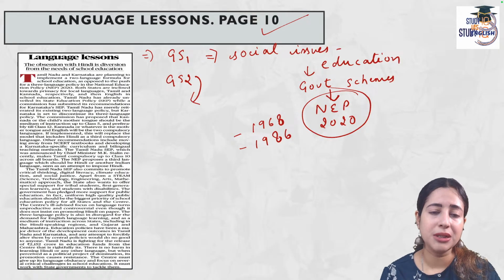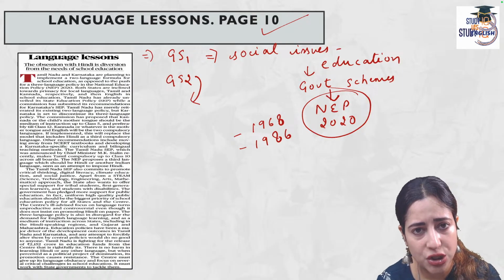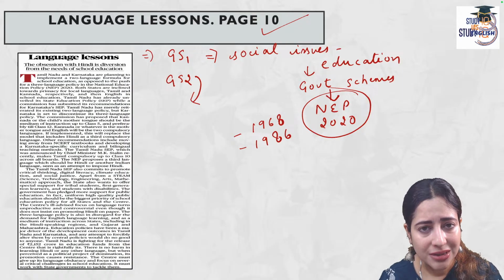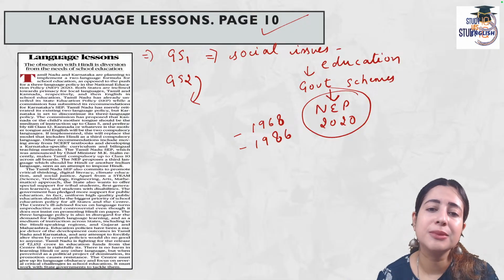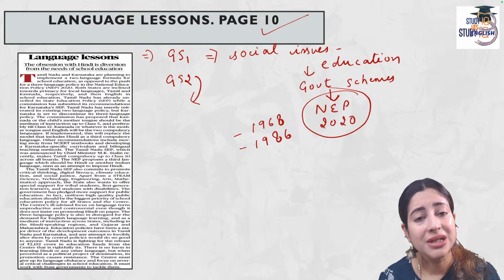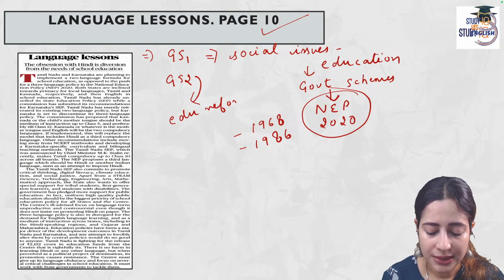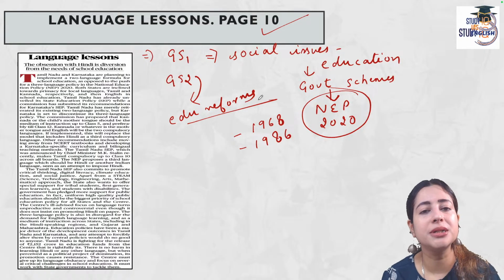All these vulnerable communities do not have the same access to universal education like the richer, upper caste and mainstream communities. So therefore, even in GS paper 2, as we talk about social reforms, educational reforms in India, this article has a very important relevance.